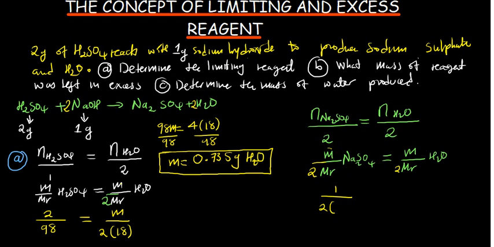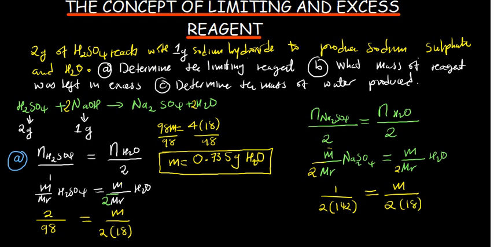The molar mass of sodium sulfate we calculated was what? It was 142. You remember? So we are going to say mass. Now we don't know the mass of water. That's what we are trying to find. Over 2. The molar mass for water we know that is 18.